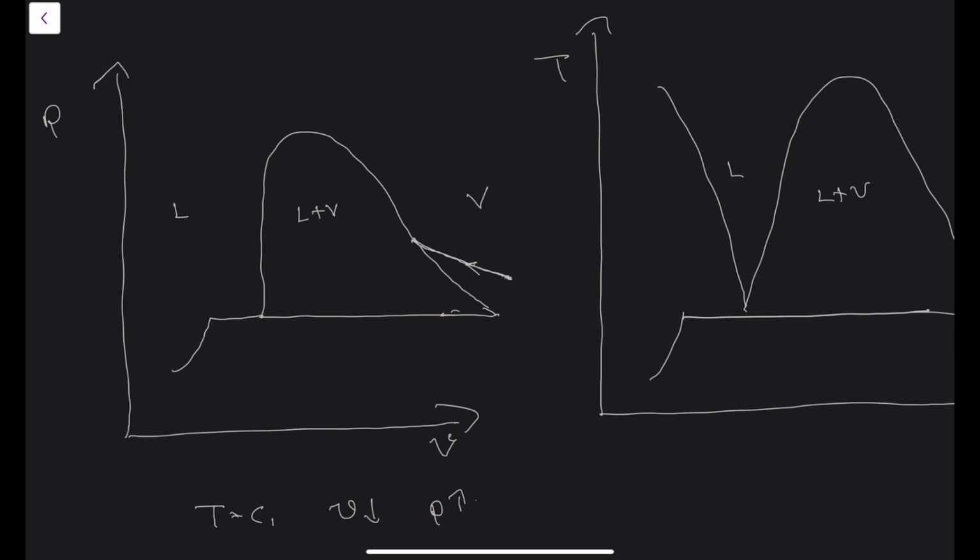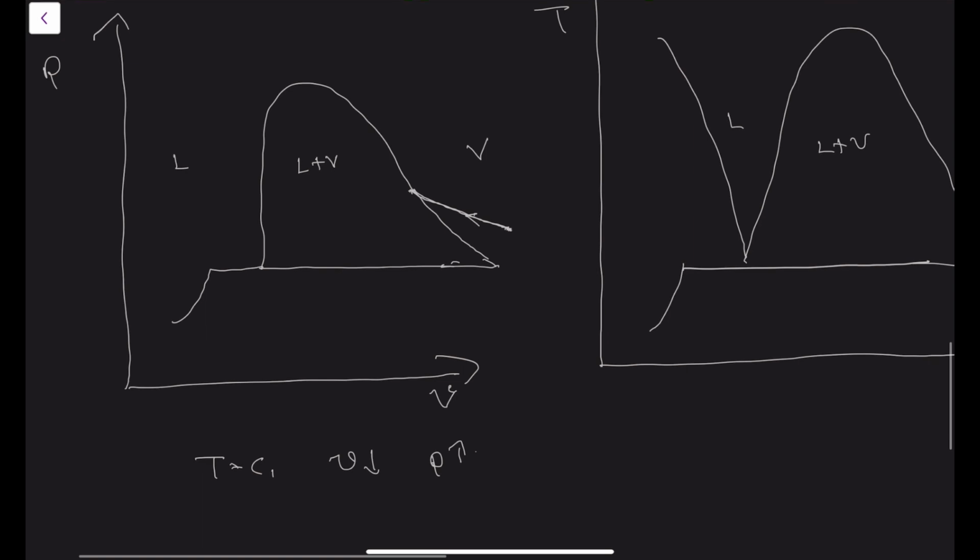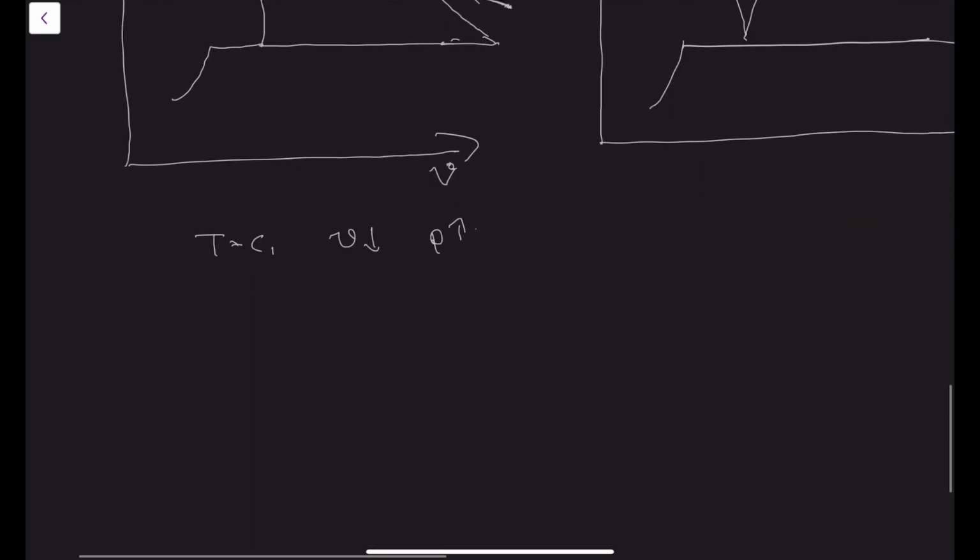When I am compressing the gas, it will reach the saturated state, that is the saturated vapor state. At this state, if you again reduce the specific volume, you can see that the pressure remains constant and the temperature also remains constant, that is during the phase change process.